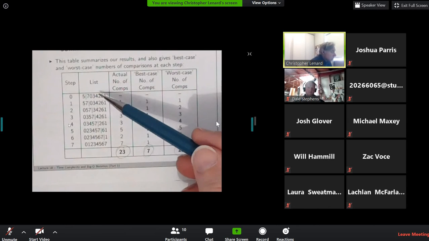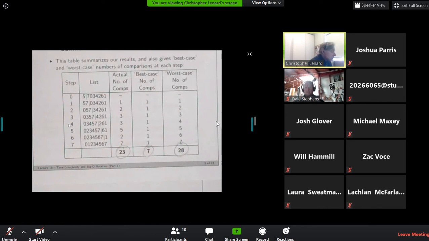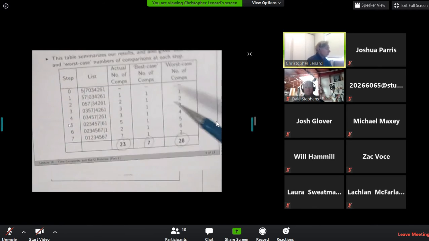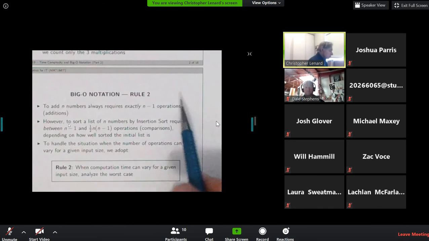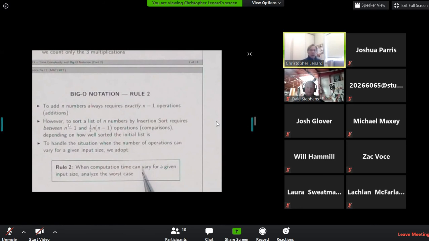But if the list was in the wrong order, in the reverse order, it actually takes the greatest number of operations, the worst case. So just like we're only interested in the most expensive operations, we'll also only be interested in the worst thing that can happen. So that's really rule number 2. The computation time could vary depending on the particular input. What we're interested in is what's the worst that can happen.